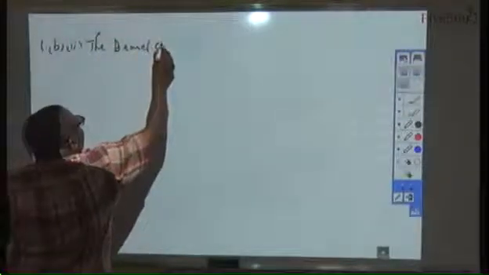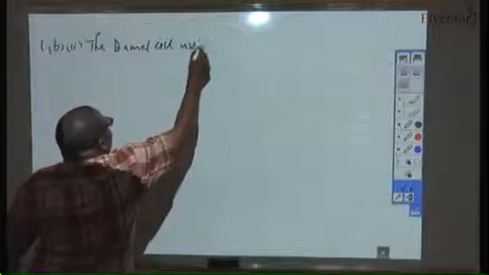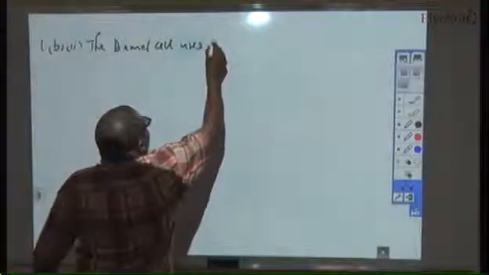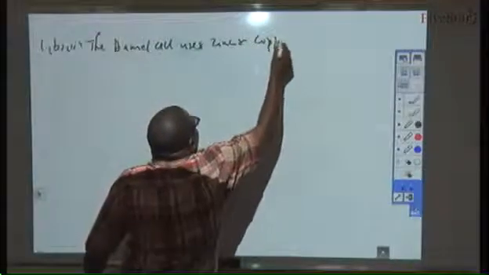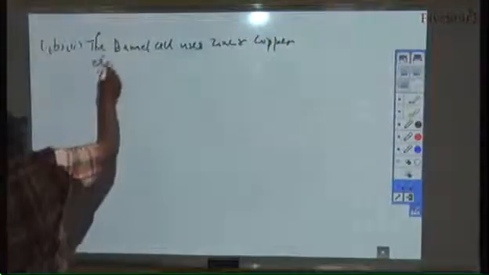A Daniel cell is a cell which uses copper and zinc electrodes. So, zinc and copper electrodes.